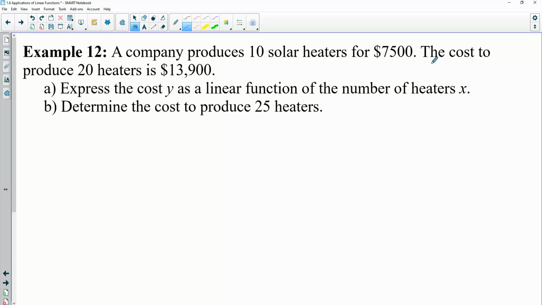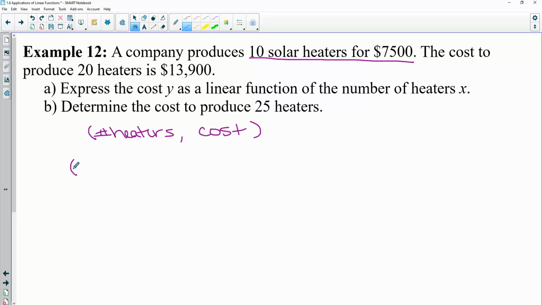Is this one where I'm just going to look and write a y equals mx plus b straight from this? No, what did I give you here? Cost makes sense. Right. So how could I write those? We said that x is the number of heaters and y is the cost. Haven't I given you the information to write an ordered pair here?